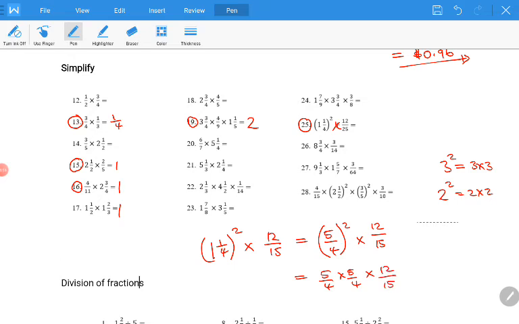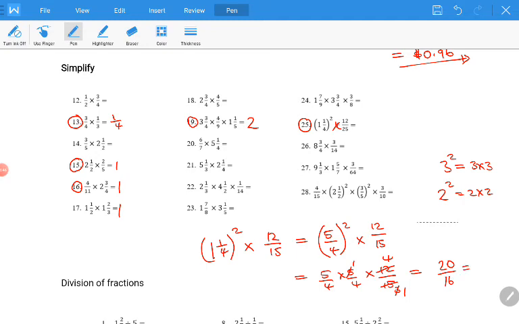So if we cross multiply here, 5 into 5, 1, 5 into 15, 3. 3 into 3, 1. 3 into 12, 4. So the answer here is 5 times 1 times 4, which is 20 over 4 times 4 times 1, which is 16.